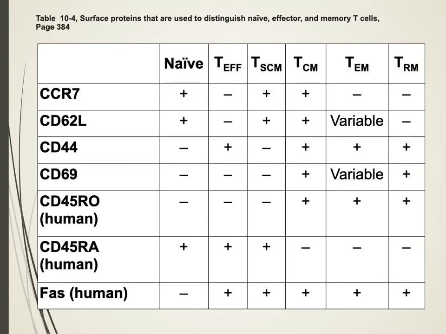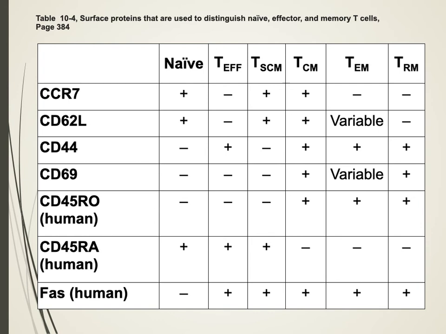When we look at some of these different markers, you can see how the expression is different on the different T cell populations. When we have a naive T cell, we are going to see our chemokine receptor upregulated, but when they're in the effector phase, they're not going to have the same regulation of that.